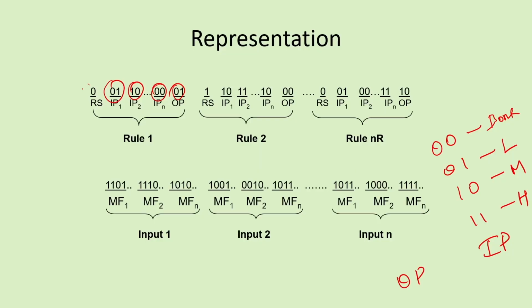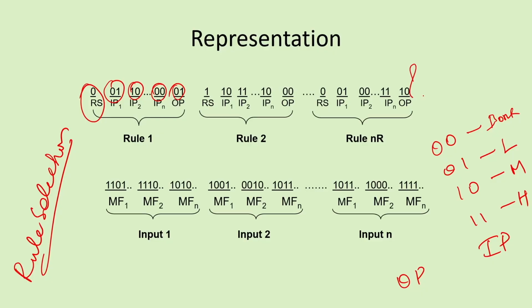And this RS is the rule selection bit, which takes either 0 or 1. If it is 0 we avoid that rule, if it is 1 we select that rule. So this is the representation strategy, and it for rules can go from rule 1 to rule NR, where NR is the maximum number of rules that we need to generate.